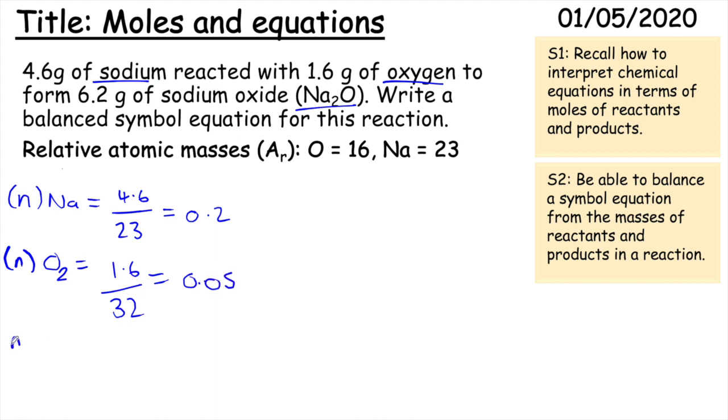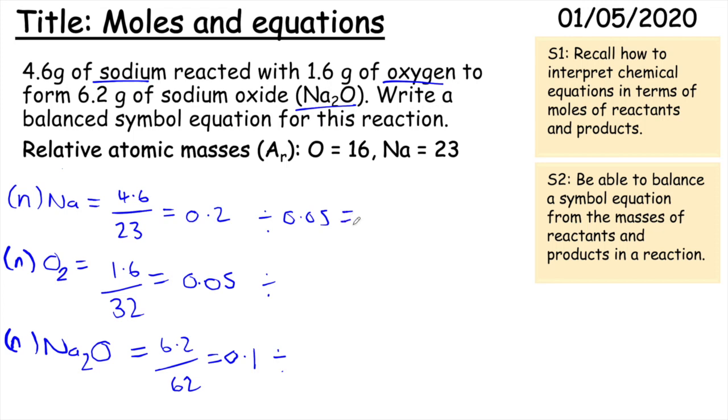And the final one is our moles of Na2O. And if you work all this out, you'll find out that it's 6.2 divided by the Mr, which is 62, and the answer is 0.1. So remember, the next step we need to do is divide each one of these by the smallest number, which is 0.05.